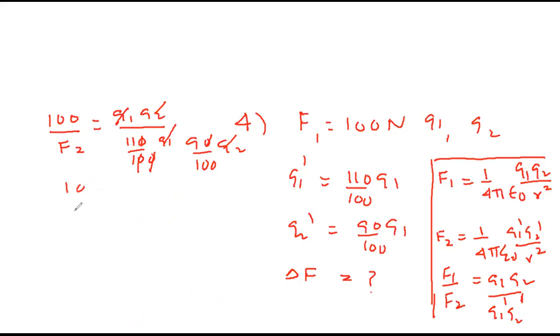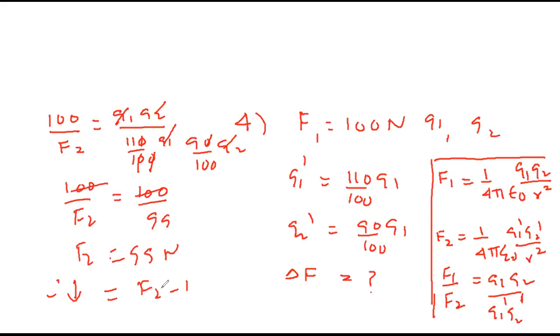So 100 upon F2 equals 100 upon 99, so F2 is 99 Newton. Therefore the decrease will be F1 minus F2, that is 100 minus 99, 1 Newton decrease.